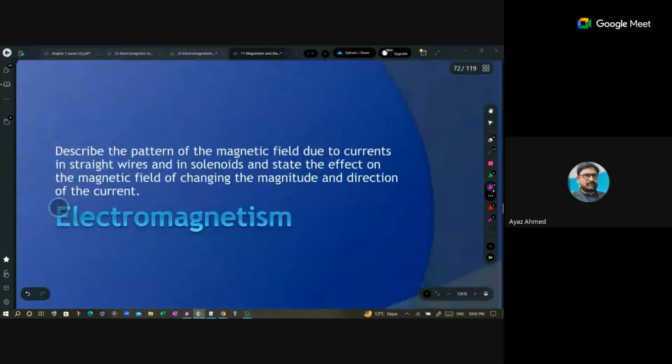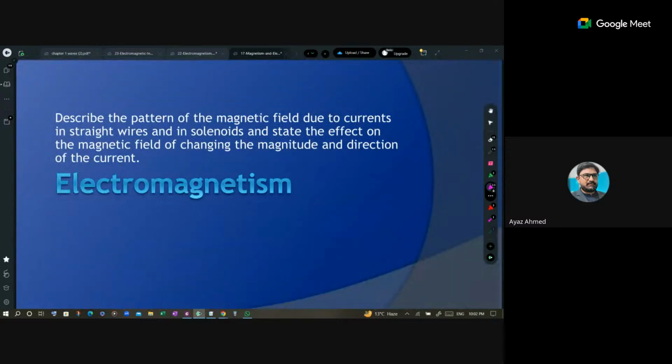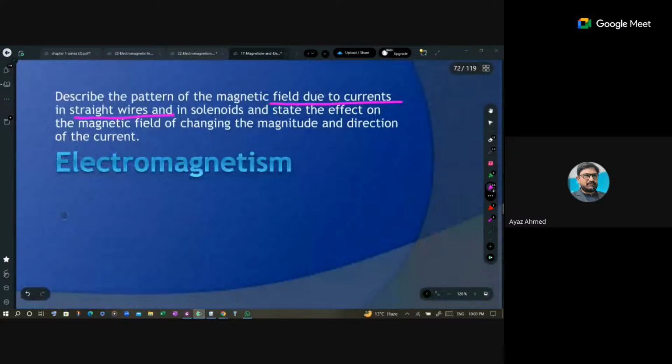Okay, this time we have to describe the patterns of magnetic field lines due to current in a straight wire. I have to tell you that whenever we have a straight current carrying wire, it would have a magnetic field around it.